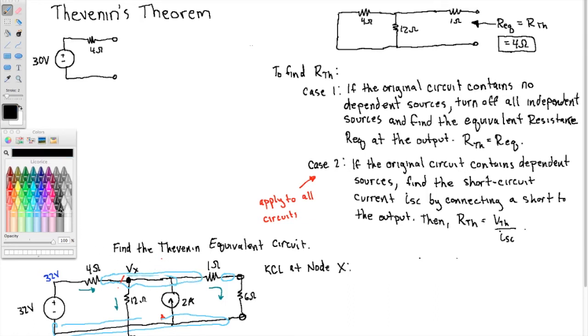So going in is the 2 amps, and this guy, left to right, so this is 32 volts minus Vx over 4 ohms. And leaving is this one going down, so this is plus, equals Vx over 12 ohms, and then this one going down, so that's Vx over 7 ohms.